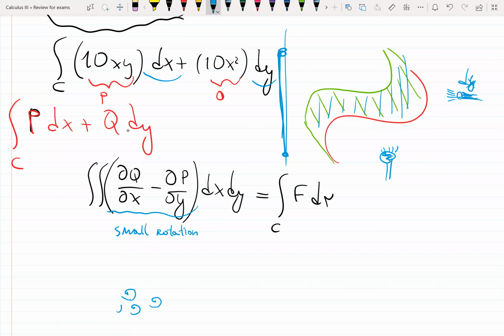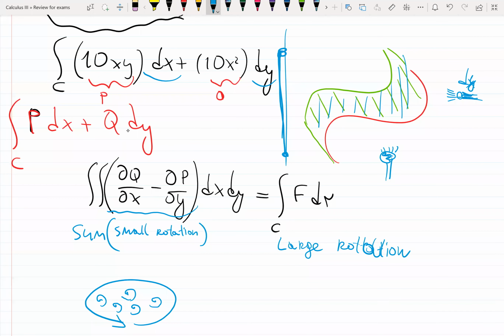The double integral sums them up, and that equals the macroscopic rotation, the large or total rotation. So micro rotation, small rotation versus big rotation. It adds up to a large macroscopic rotation. This equal sign explains that. That's what Green's theorem is about.